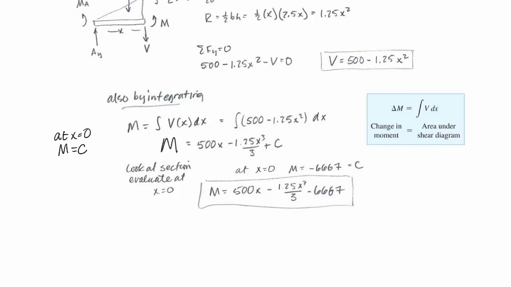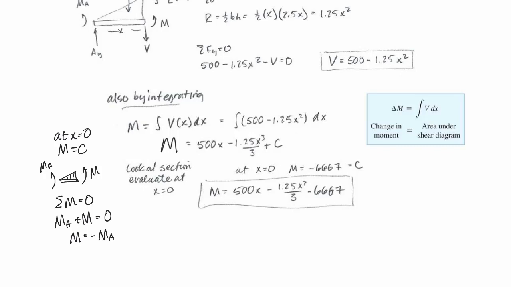I also know that, let's draw just a little section here. This is a tiny section where x is equal to 0, and this is what it looks like. I have a moment at A, and I have the moment as a function of x. Knowing that the sum of the moments is always equal to 0, I could say that MA plus moment is equal to 0 at x equals 0. So that says that the moment as a function of x is equal to minus MA.